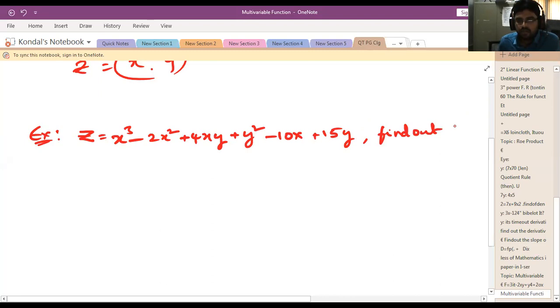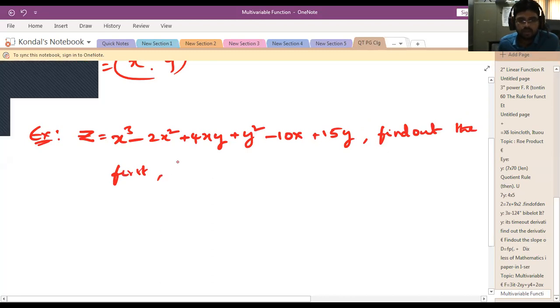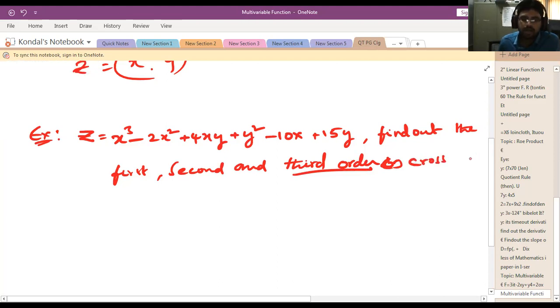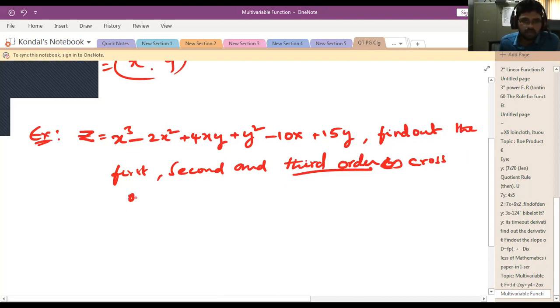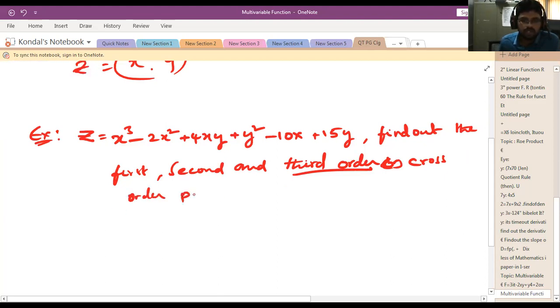Find out the first, second and third order partial derivatives. Sometimes the third order is also called the cross order or cross partial derivative.